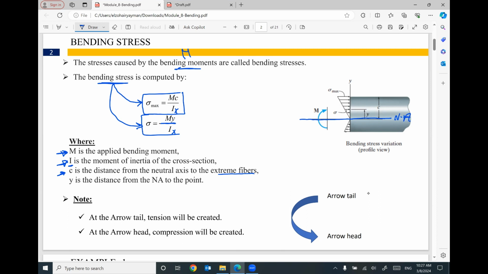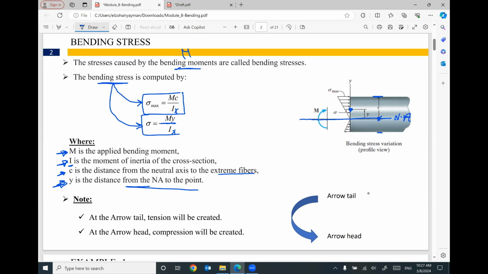So the distance C will be measured from this centroid to the extreme fiber, the upper edge of the cross section or the lower edge, whichever is biggest. Y is the distance between the neutral axis or the centroid to the point you are looking for bending stress. If we are looking for a specific point, the distance y is the distance between the centroid or the neutral axis to this point.